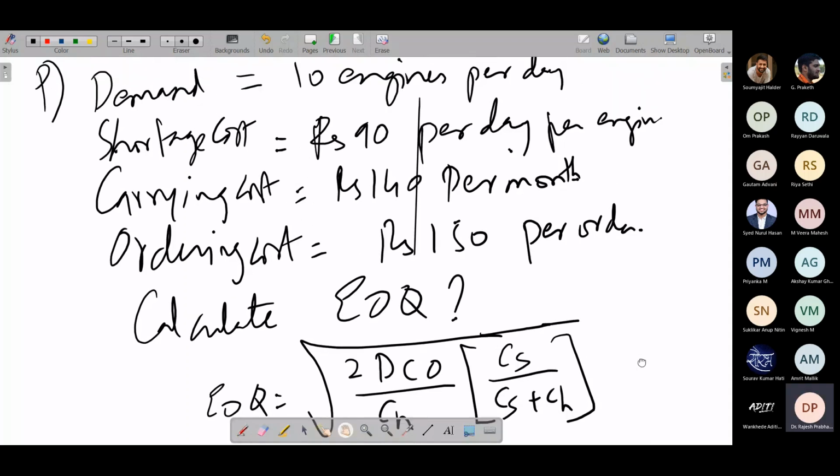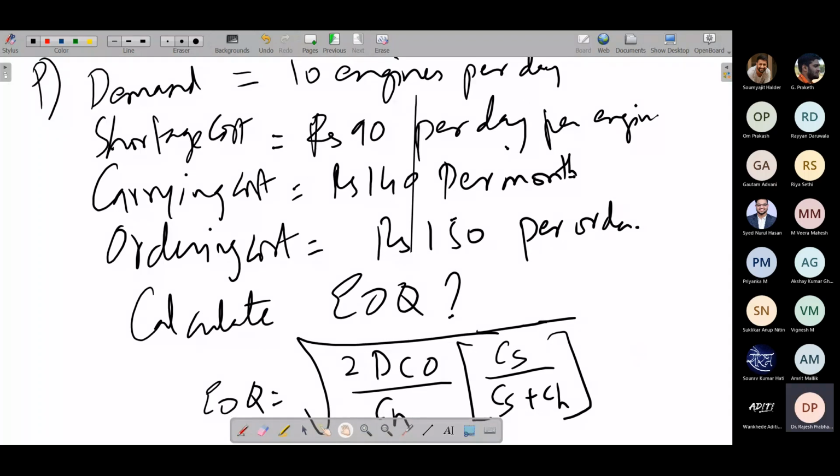Use this formula to solve this and give me the answer. I think I again reversed it. Okay, CH plus CO by CH.